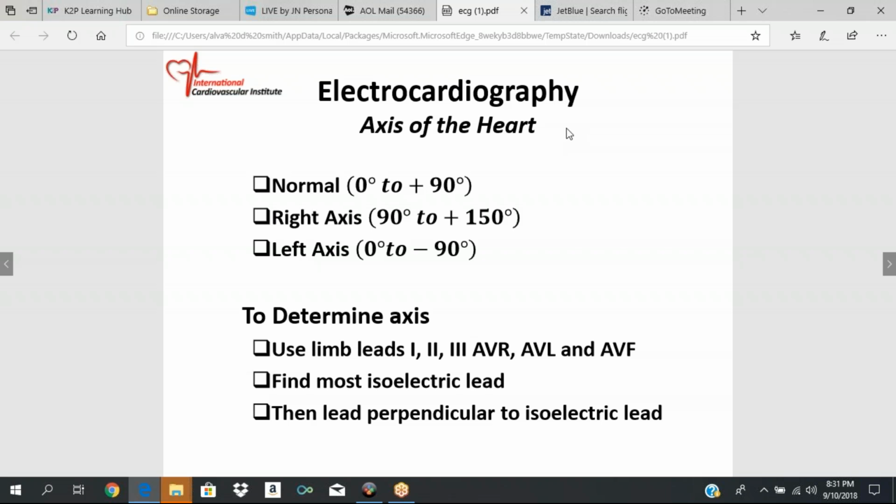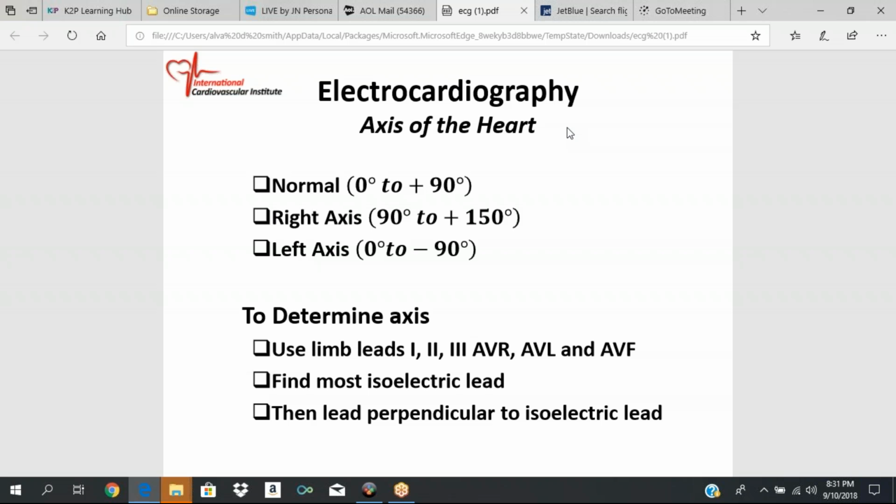When you want to determine the axis of the heart, you have to look at the limb leads. When we say look at the limb leads, you're going to look at lead 1, lead 2, lead 3, AVR, AVL, and AVF.